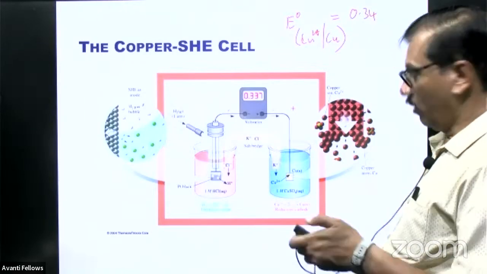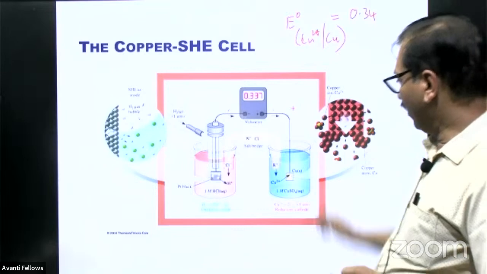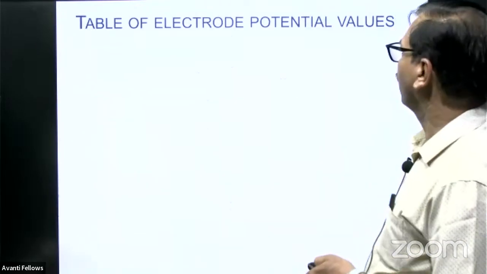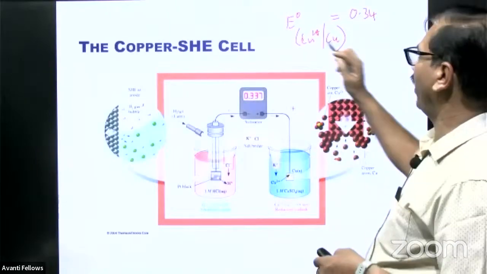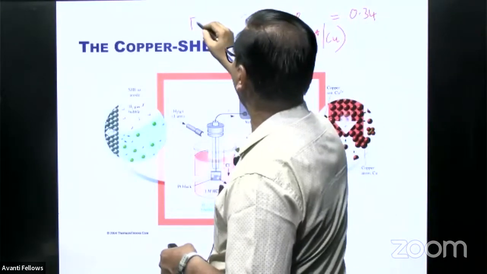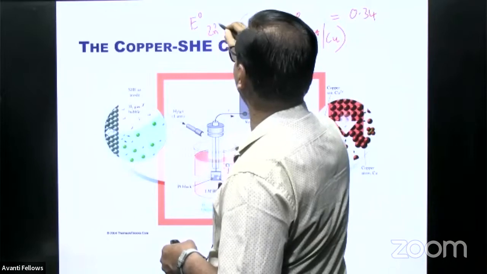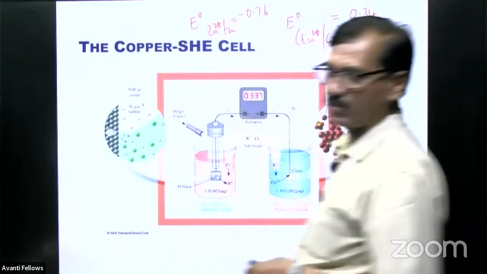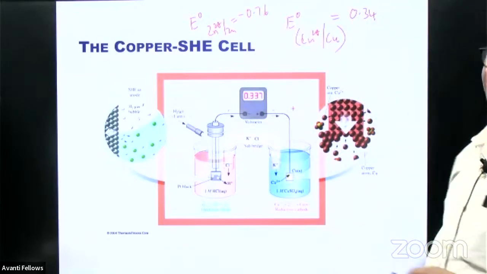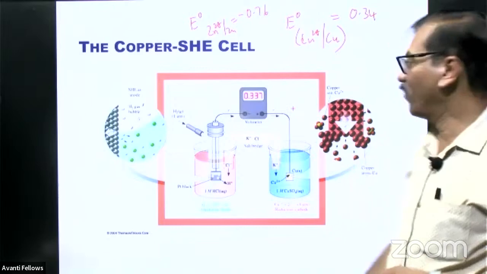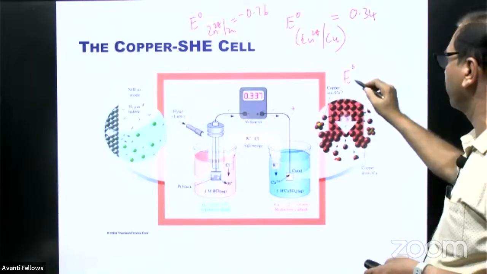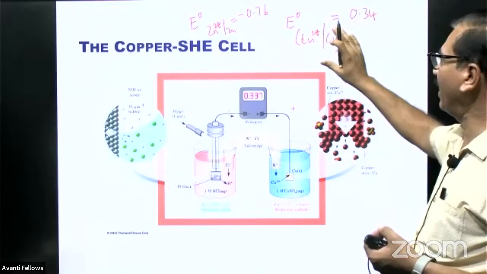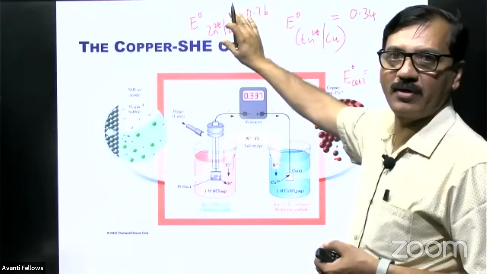What I want to tell is that E0 of Zn2 plus / Zn is minus 0.76. When these two are connected, we get the E0 of the cell. E0 of the cell is E0 right minus E0 left.